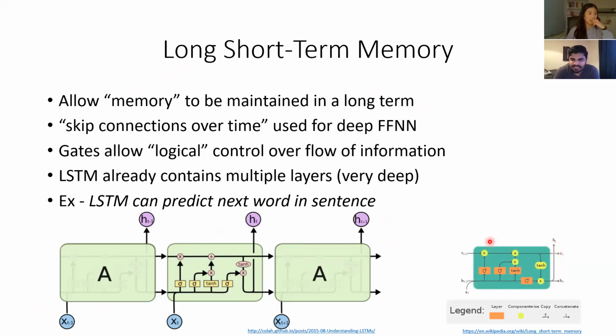So this cell is the memory cell of the recurrent neural net, but this C is actually the long-term state. It can hold long-term states, and this H, the hidden one, can hold the short-term state.